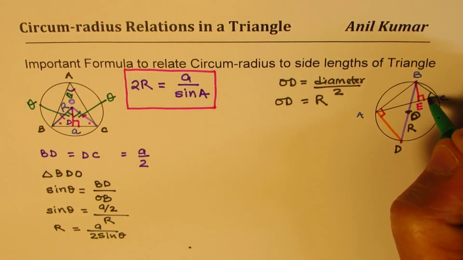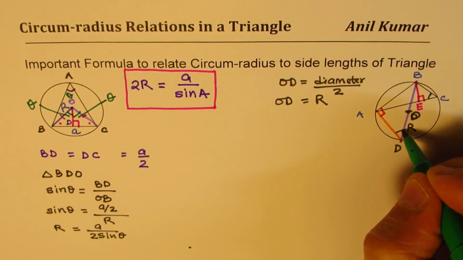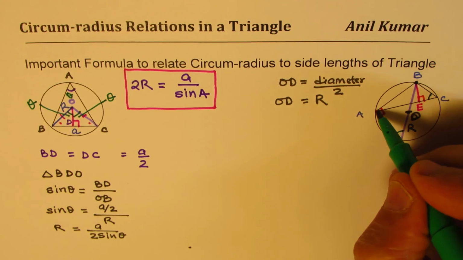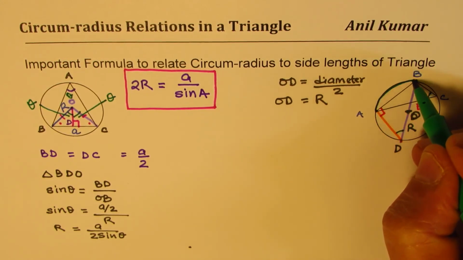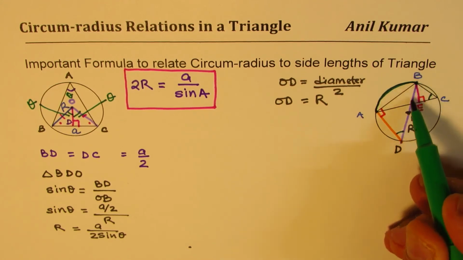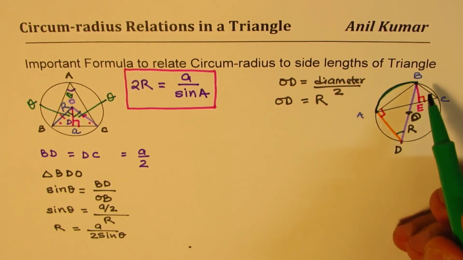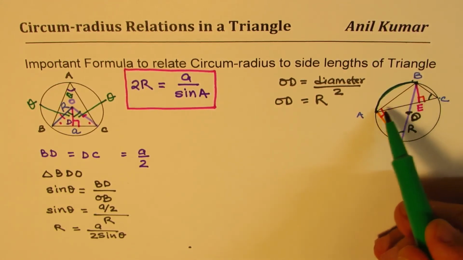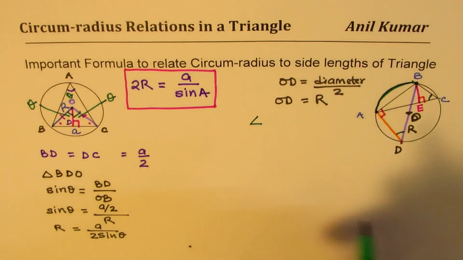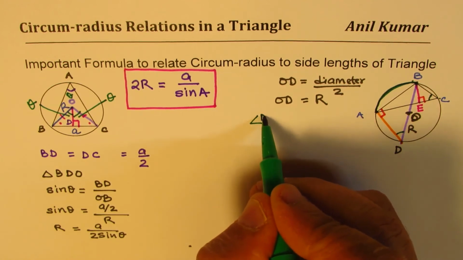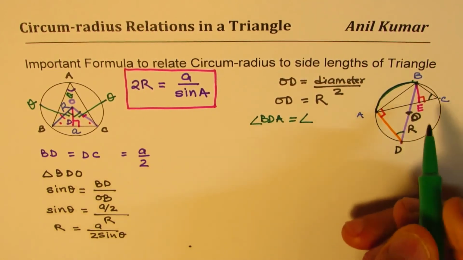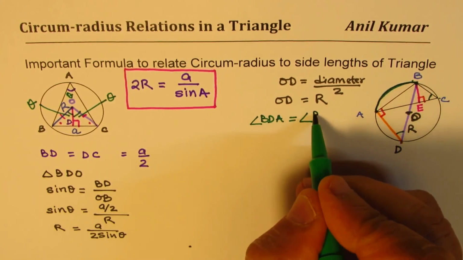Now we also see that these two angles should be equal. Reason being that both these angles are on the same arc, arc AB, right? So angle BDA and angle BCA, both are on this arc. So we have that angle BDA is equal to angle BCE.